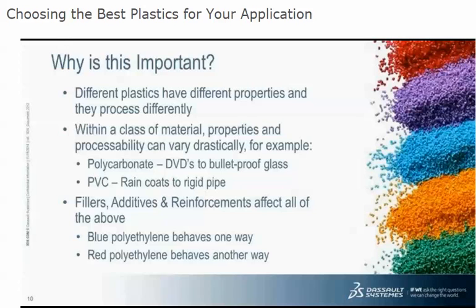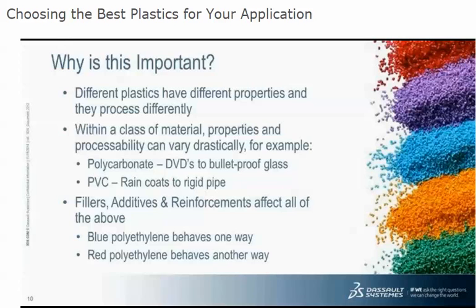Within a class of materials, the properties and the processability can vary drastically. So for example, we talk about polycarbonate. That can be used to make DVDs or bulletproof glass. I'll talk a little bit more detail about that in a few seconds.